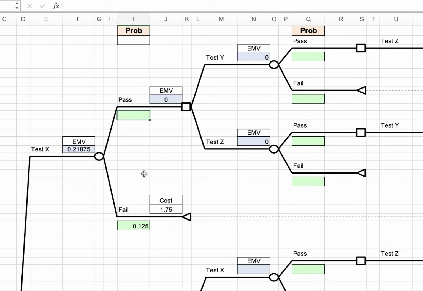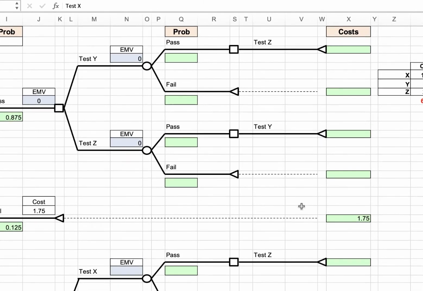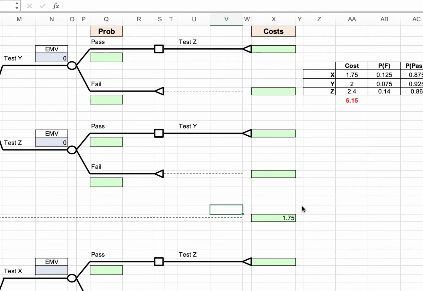So the probability of passing X is equal to 1 minus 0.125. So what we're looking for is one expected monetary value, the average cost of beginning with component X. So if this is the cheapest sequence, that's what we want to find out. So I have that table from the other sheet in a smaller version right here.